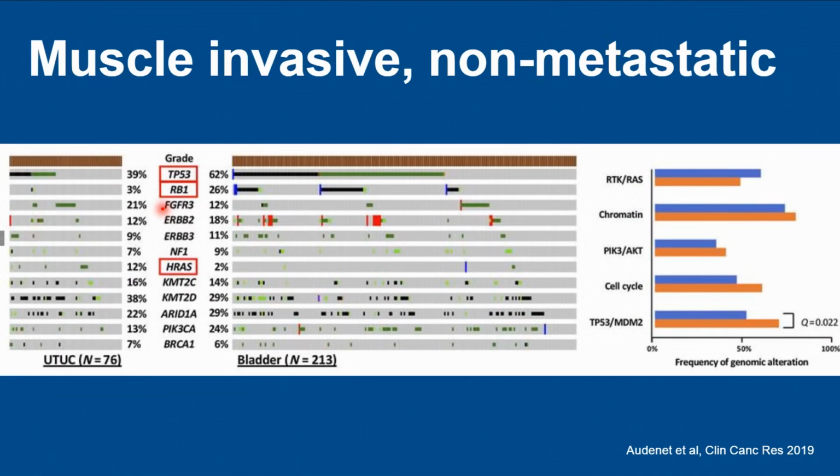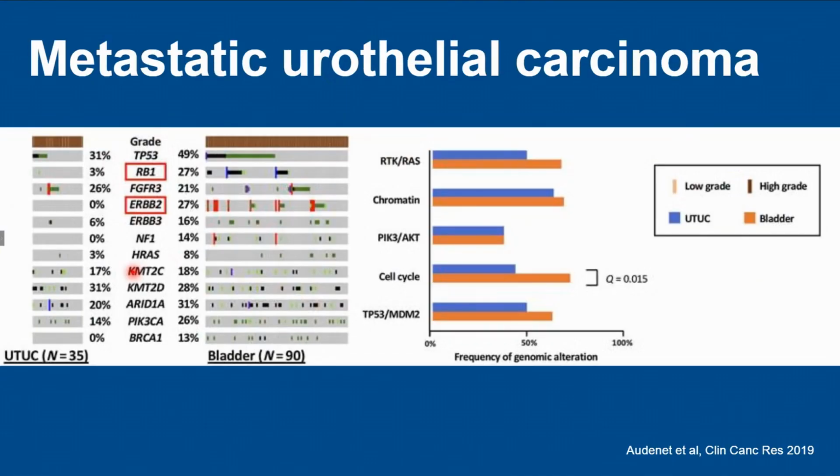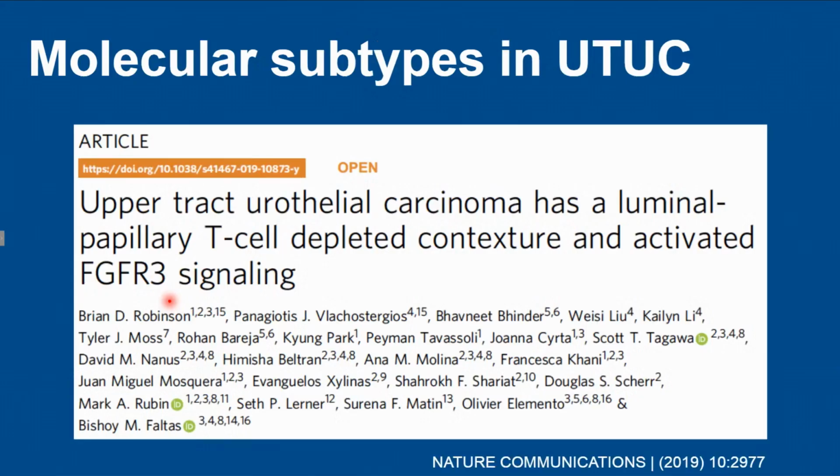At the muscle invasive non-metastatic stage, again, P53 and RB1 are more frequently altered in bladder cancer. HRAS, again, is a gene of proliferation in the upper tract disease, and then in metastatic urothelial, again, RB1. So there are differences depending on the disease state.